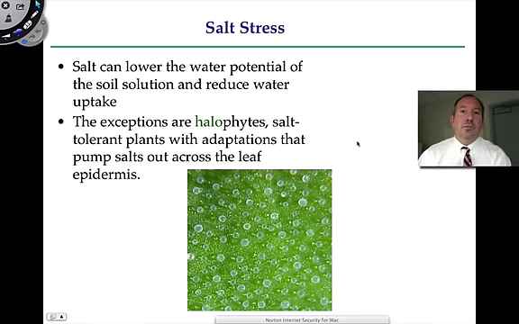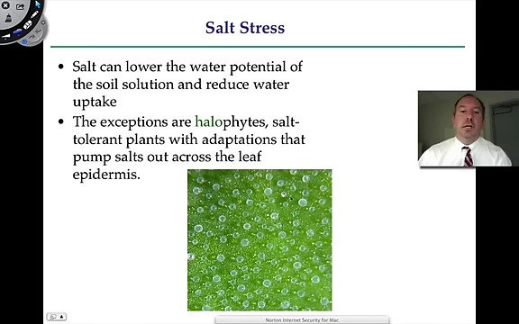Salt can be a stress, and you're like, well, why is there so much salt in the soil? Well, if you live close to the ocean, in a salt marsh, for example, there's not a lot of plants that can live close to the water like that, and the ones that do are called halophytes, like salt. Maybe it's Greek, meaning salt plant or salt-tolerant plant.